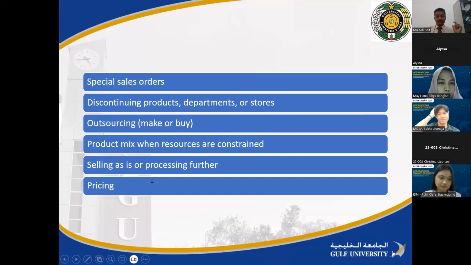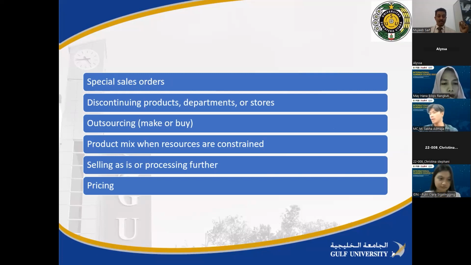There is a customer from outside Indonesia, for example, who wants to purchase a high number of units. Or maybe sometimes in the same country, but in another city. So special sales orders is a type of decision that we can face. We will see some exercises regarding this decision and how you can analyze the data and help the managers to make a decision.